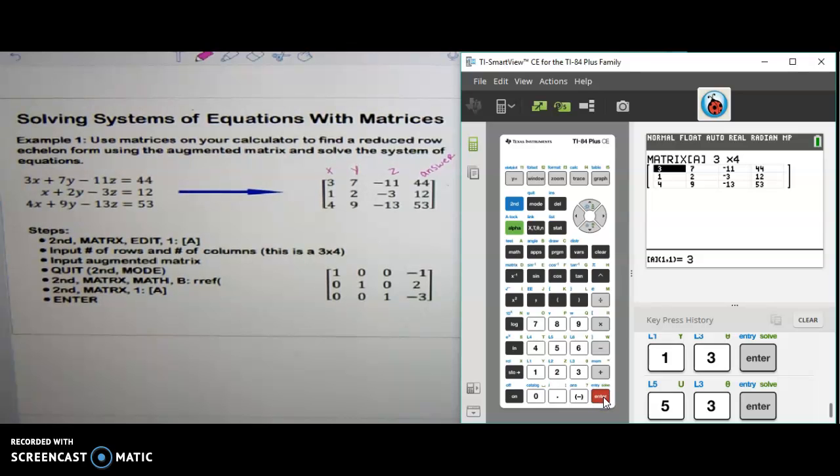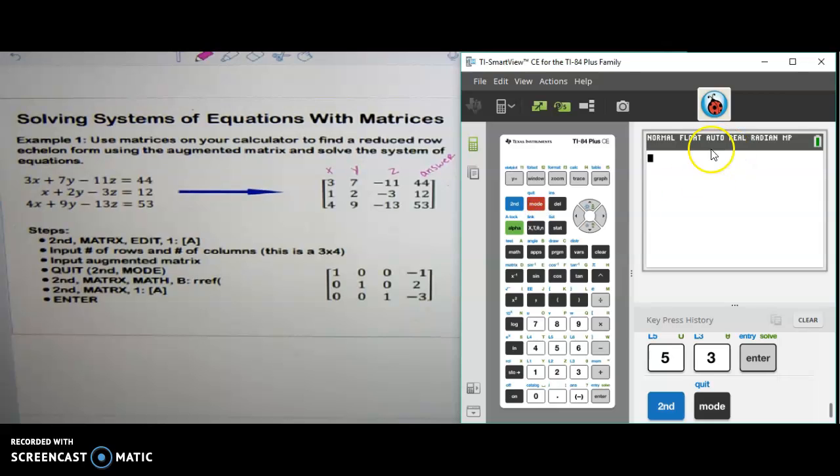Okay, so just double check that you've typed all your numbers in correctly. So what we've done so far is we have done the first 3 steps. So we got to the matrices, we edited it, we put the numbers in, now we typed it in. So we want to quit after this. We want to go to second, quit, because you want to get out of the matrices screen. So you want to go back to your normal screen.